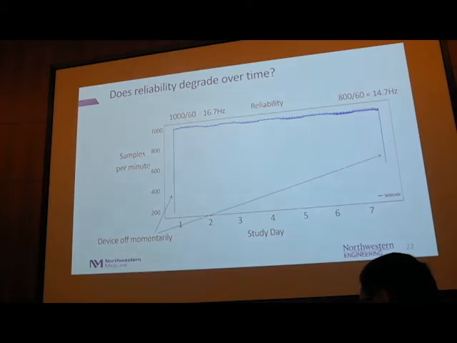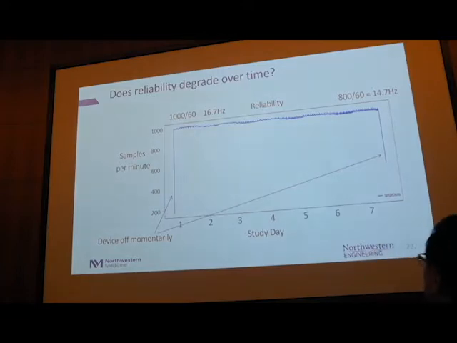Initially we were getting about 16.7 hertz on day 1. It was interesting to notice that by day 7, this looks like a small drop, but it's actually 880, which is about 14.7 hertz. There's a drop there in 7 days, and that really concerned me, especially if my study is going to be about 30 days.